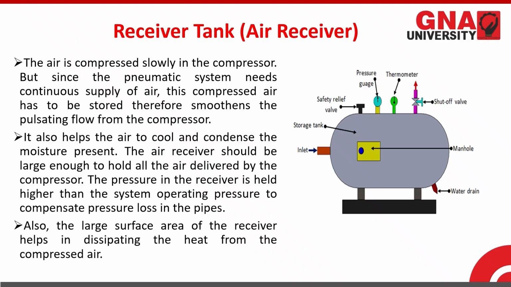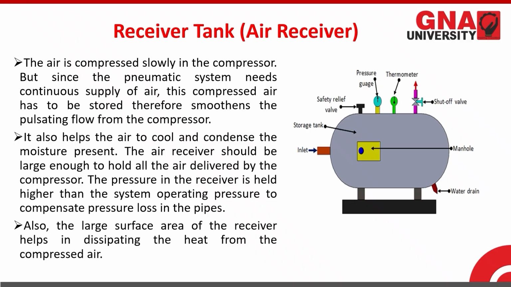Another reason why the pressure is high in this receiver tank is that when the air flows from the receiver tank to the system, it has to pass through various pipelines and components of the fluid power system. Due to that, the pressure always decreases. There is always a loss in pressure, and to compensate for that loss, we have the supply at high pressure, so that the loss in pressure can be compensated easily.